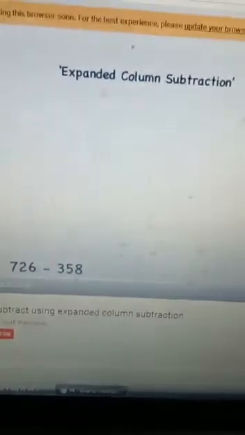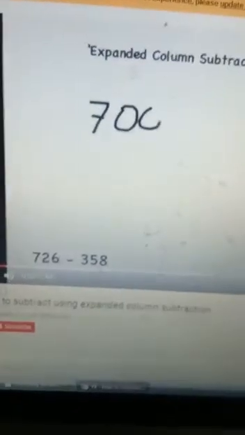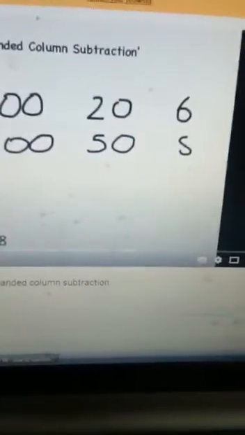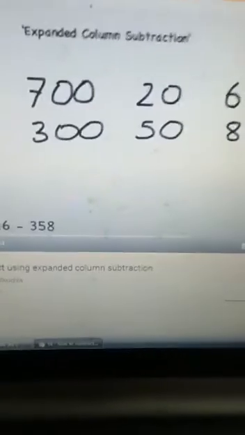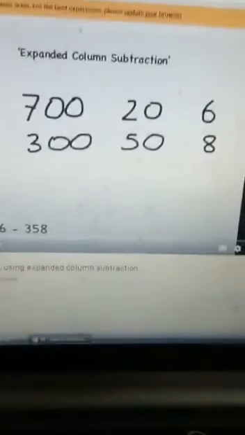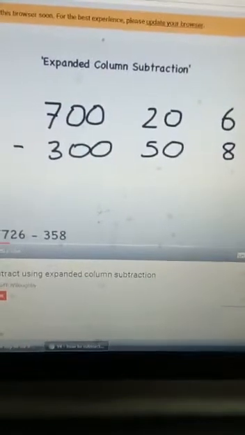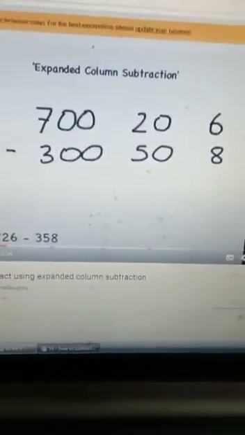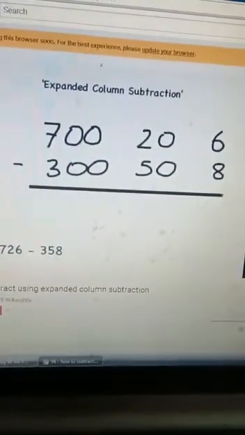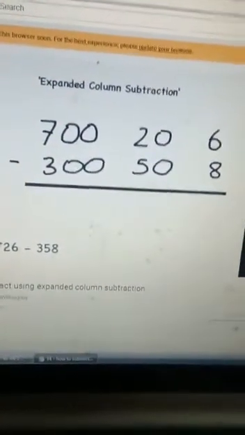This gives me 720 and 6, and 350 and 8. Because I am subtracting the bottom number from the top number, I must remember to put in a subtraction sign to show this. I'm also going to use a ruler to draw a horizontal line to separate my expanded columns from my answer.